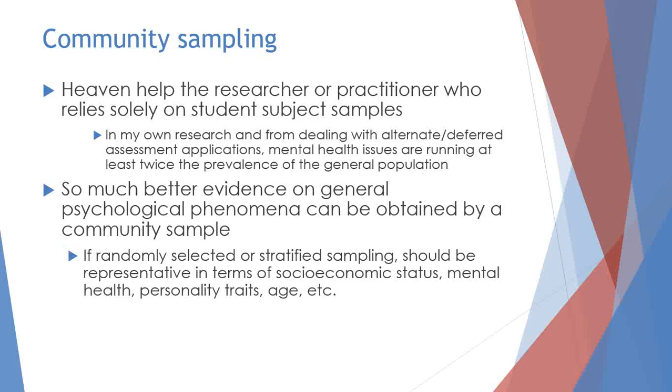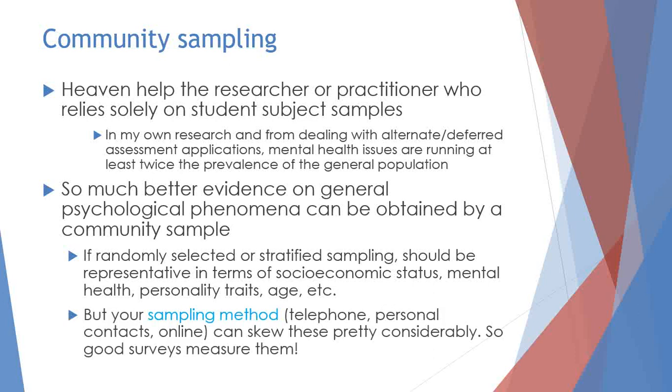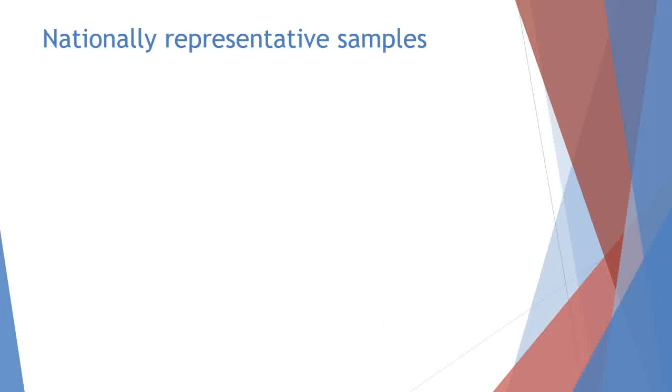If randomly selected or stratified sampling, we should be reasonably confident that it's representative in terms of socioeconomic status, mental health, personality traits, age, etc. But your sampling method, the telephone, the personal contacts, the online, and the sampling frame can skew these pretty considerably. So good surveys actually measure them. They measure those demographic traits.